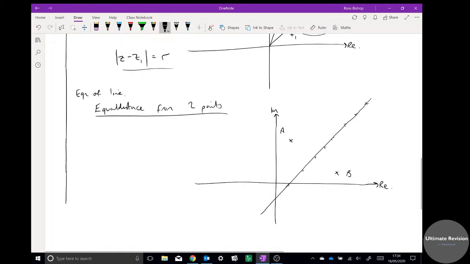In reality, that equation of the line is the perpendicular bisector of AB.